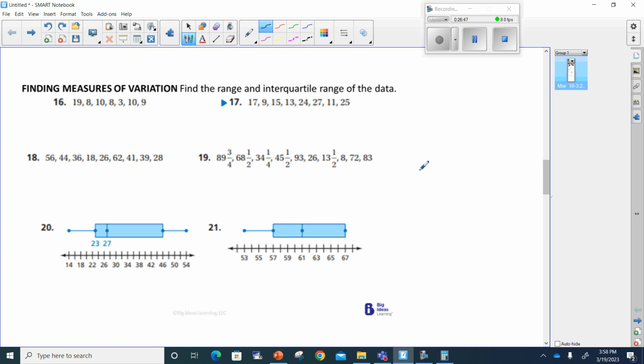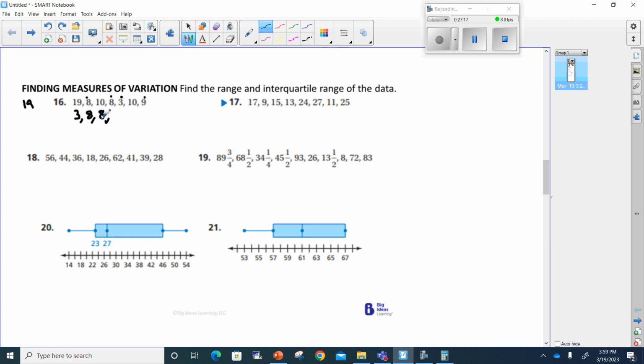Number 16, find the range and interquartile range. The range is going to be the biggest number minus the smallest. The biggest number is 19. And again, we really should put these in order. If I put these in order, the smallest number is going to be 3. Next smallest number looks like 8, and 8 again.